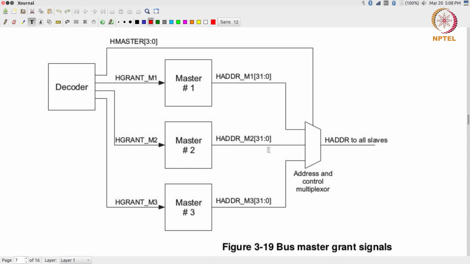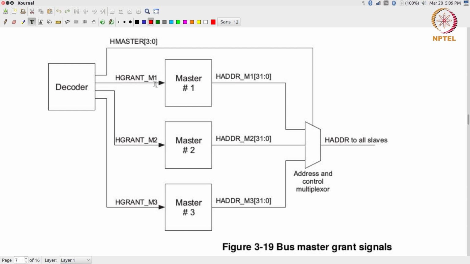This is the other thing that happens: the decoder also has to do one more thing. There is another decoder, not the one which works off the H address, which comes from the arbiter, and which takes care of giving the grant signals to each of the masters.